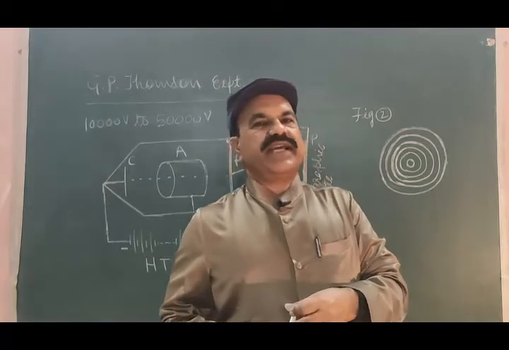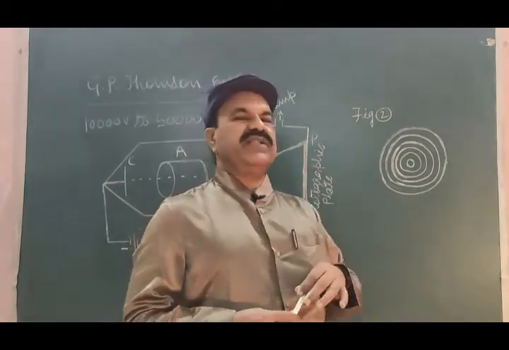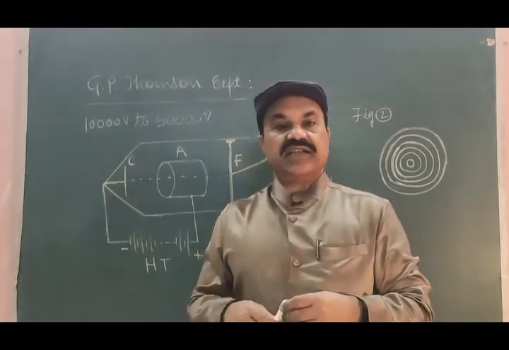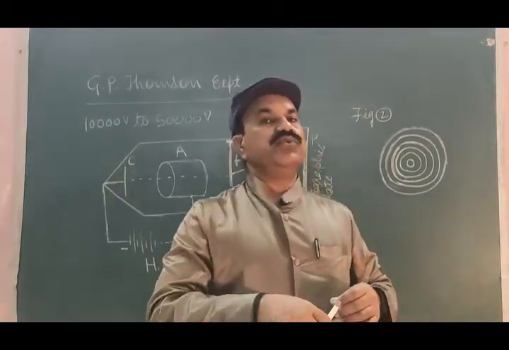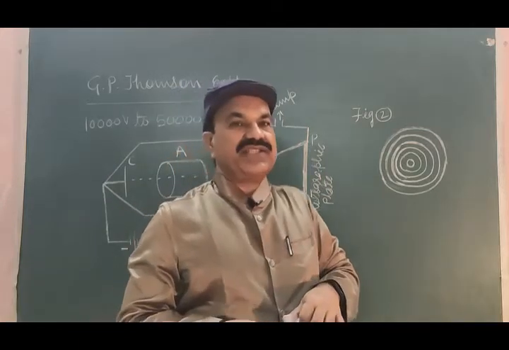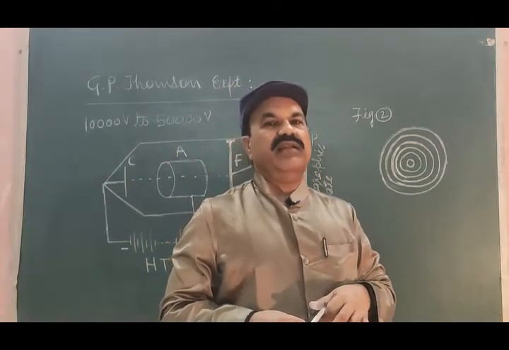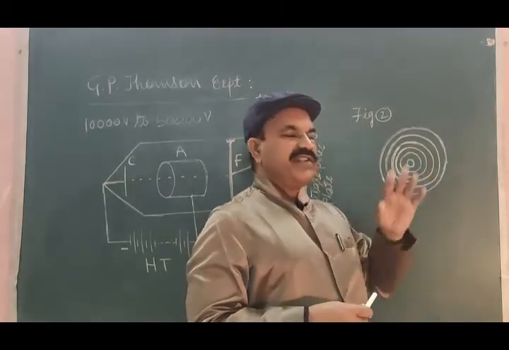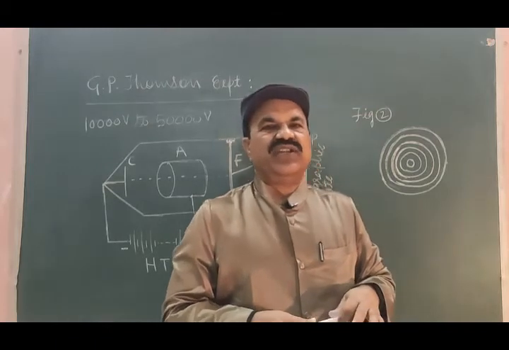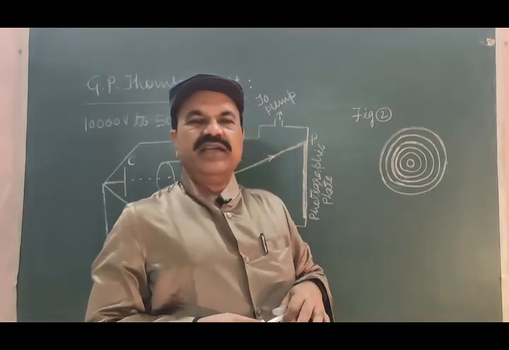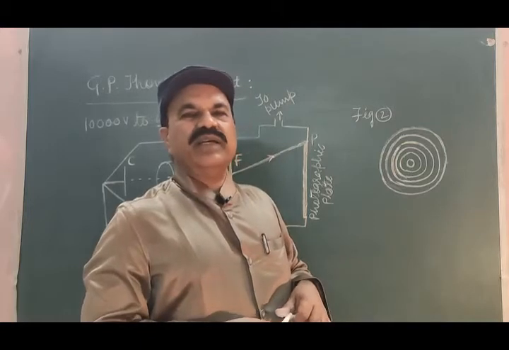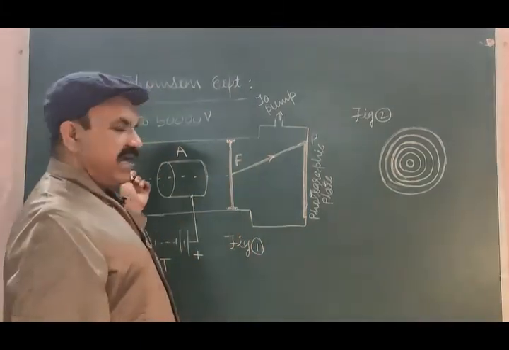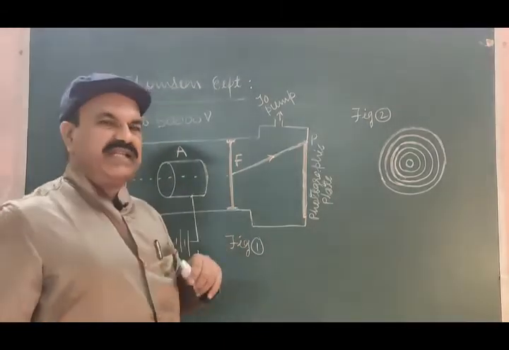Let us first try to verify whether this diffraction pattern is due to the energetic electrons or is due to X-rays, as it was expected by many people that this diffraction pattern obtained by J.P. Thomson in his experiment is obtained because of X-rays, because X-rays might have been generated when highly energetic electrons bombard this metallic plate.